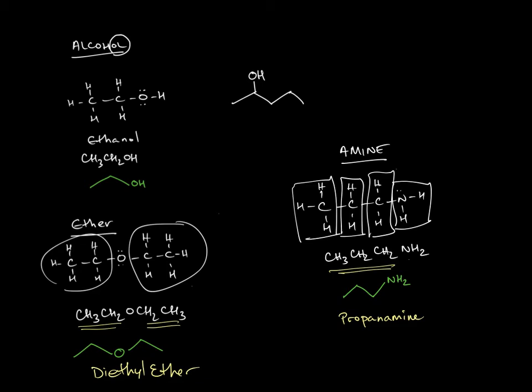All right, so let's move on to some more functional groups that have double and triple bonds. The simplest molecules that include both a heteroatom, that is to say an oxygen or a nitrogen or halogen or something like that, and a double bond are called ketones and aldehydes.